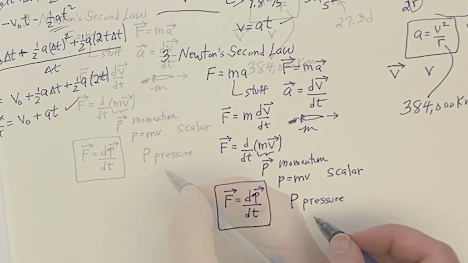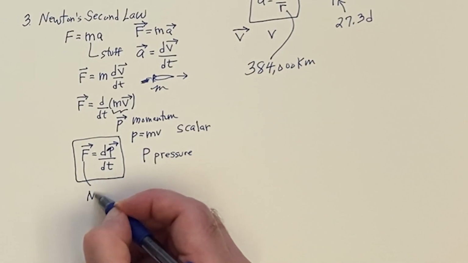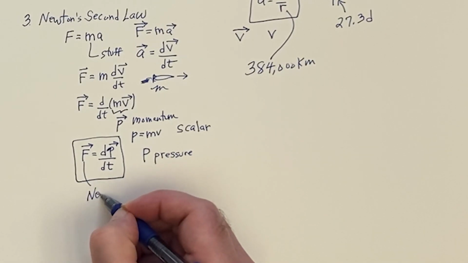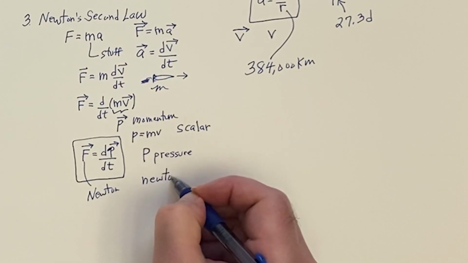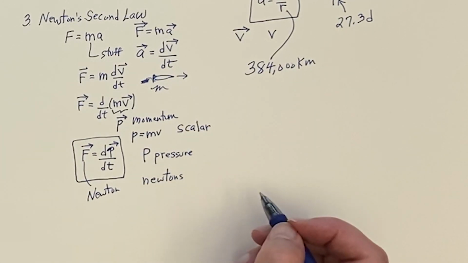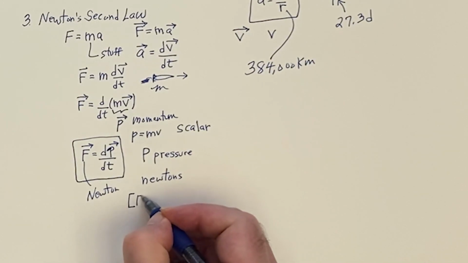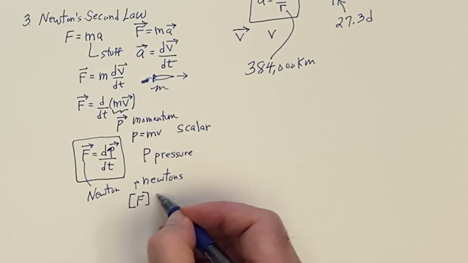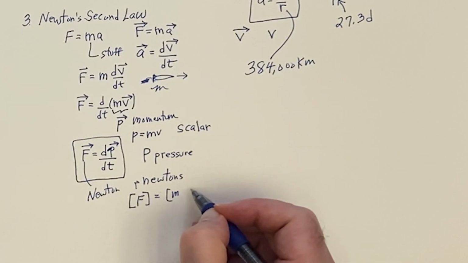So if you want to analyze the dimensions here, now they do name this after Newton, and when they say newtons, they don't capitalize it, like 5 newtons, that's the value of a force. So the force units are newtons, but also the force is equal to ma.